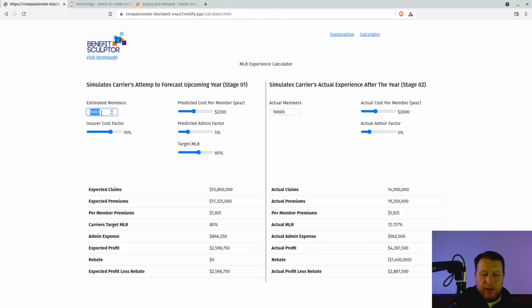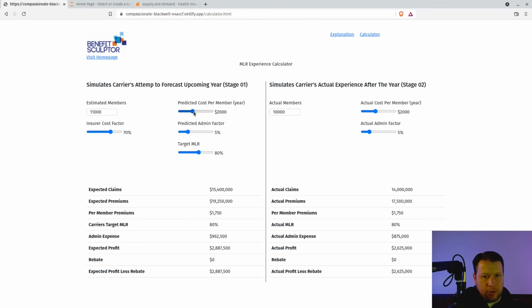Now, the alternative case, let's go back to 10,000 members and $2,000 per member. If an insurance company can just increase its membership, so go from 10,000 to 11,000, as you can see, first off, it has made the same profit that it would have made had it just increased its cost by 10%, but its premium stays the same, so it's not going to be discouraging members.